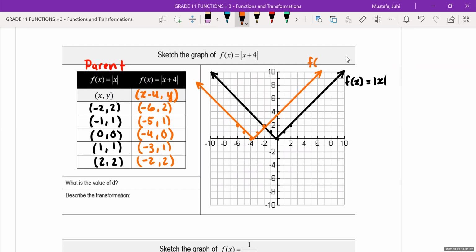And this graph is f of x is equal to absolute value x plus 4. The value for d is -4, and it is a horizontal translation 4 units to the left.